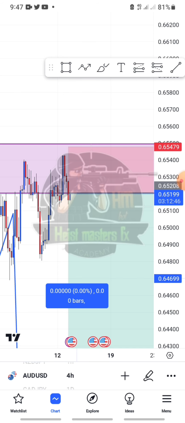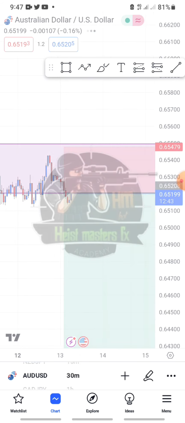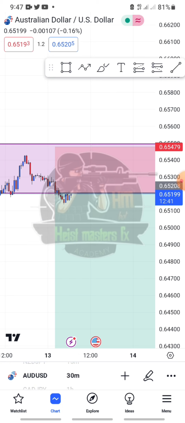Before we enter, from the 30 minutes, so 20 pips. So we are going to risk $20 in this trade so that we can make $50.